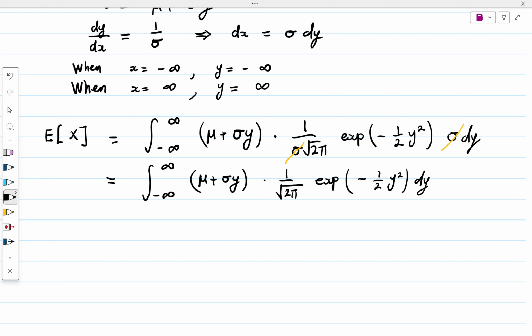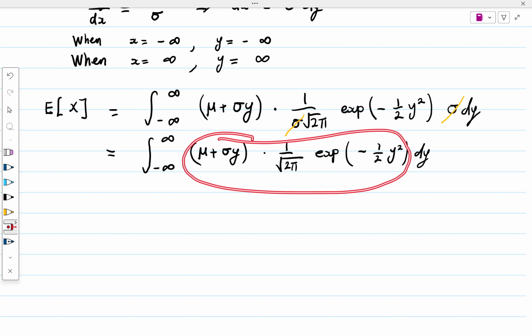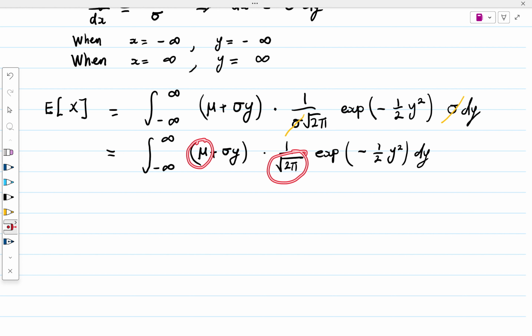which is all good. Now what I'm going to do is separate this product here into two terms. The first term will be the mu over square root 2 pi, and the second term will be the sigma y over square root 2 pi times the exponential. So let's do that here.